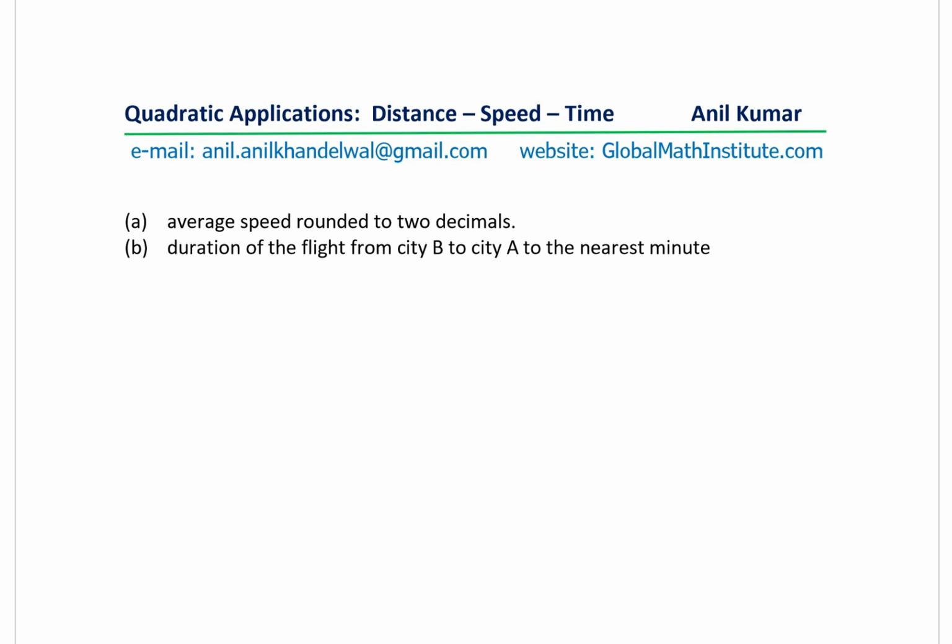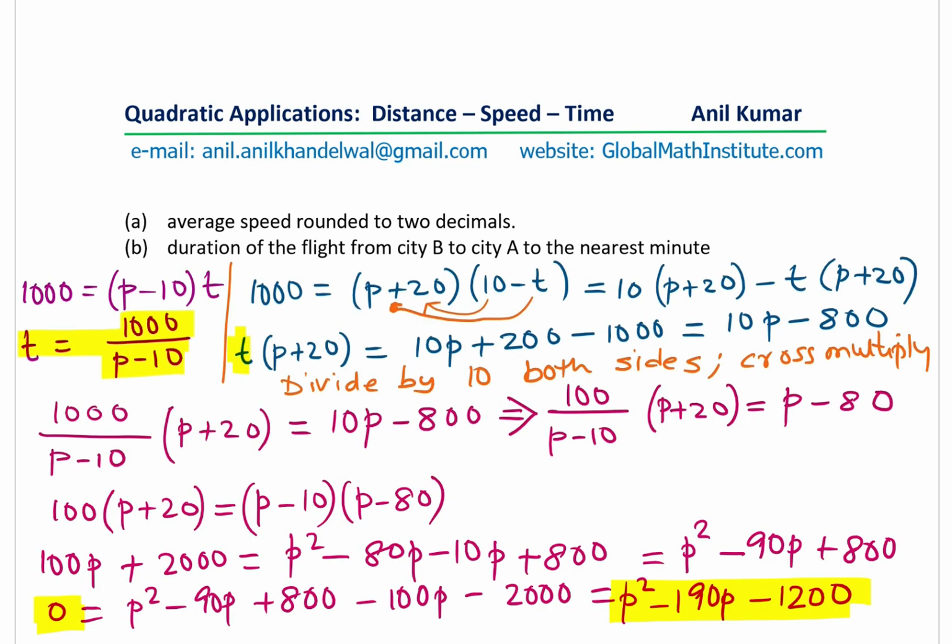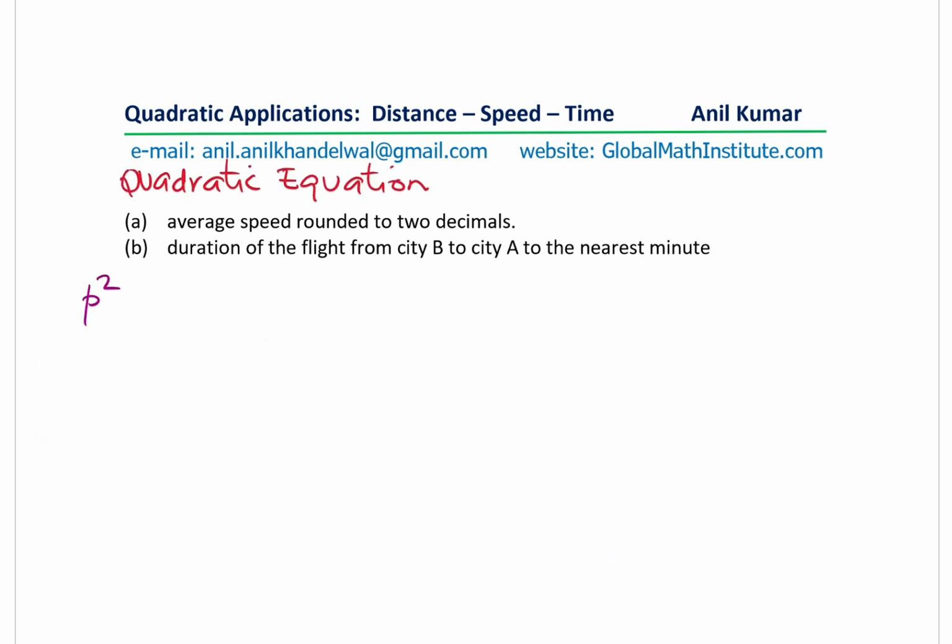So let me write down that we have a quadratic equation here, which is p square minus 190p minus 1200 equals 0. So that becomes the quadratic equation for us.